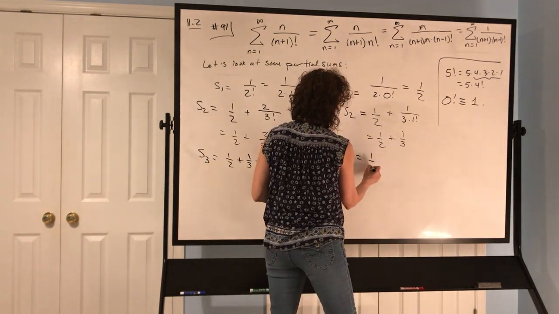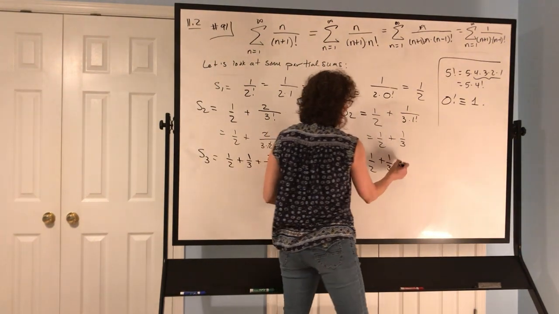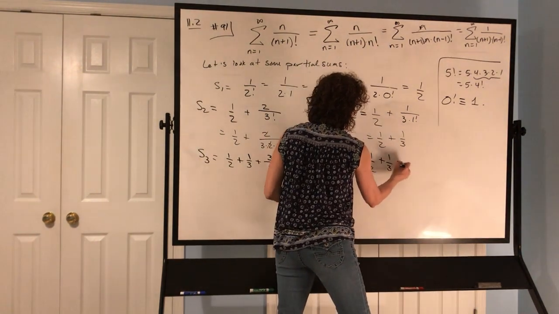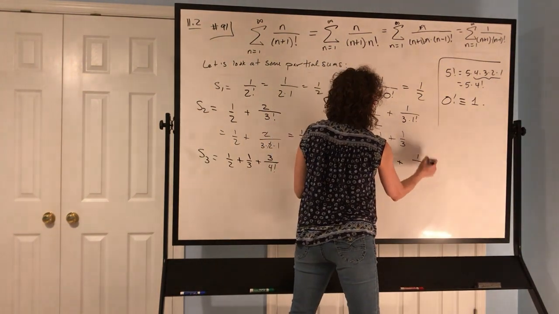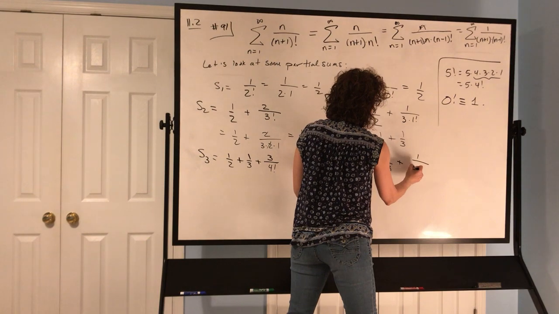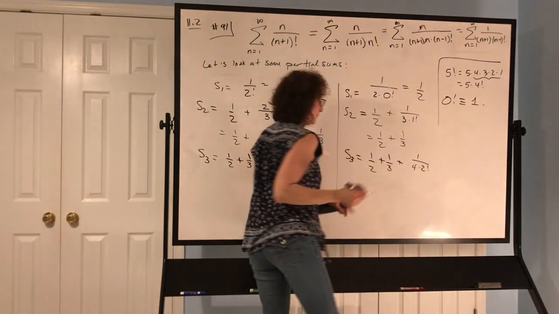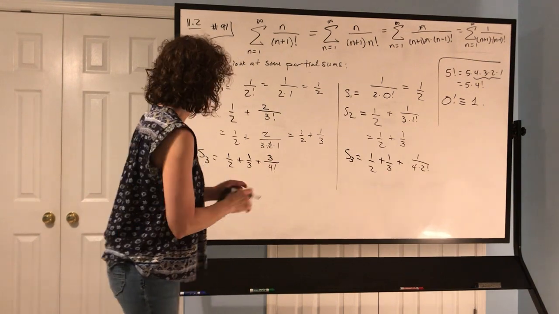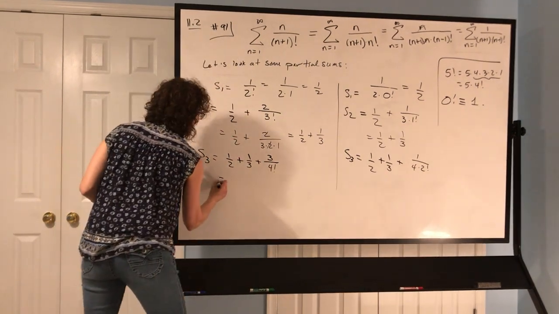The previous sum, which is 1/2 plus 1/3, plus the term when n is 3. When n is 3, what would we have? 1 over 3 plus 1, which is 4, times 3 minus 1, 2 factorial, which is precisely what the other one is as well.